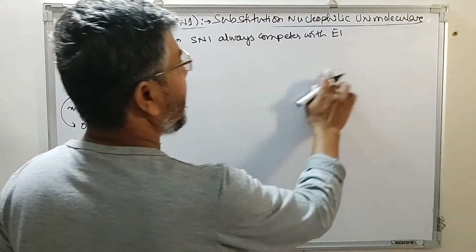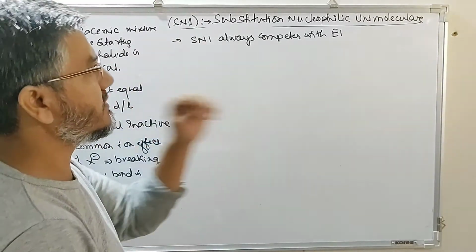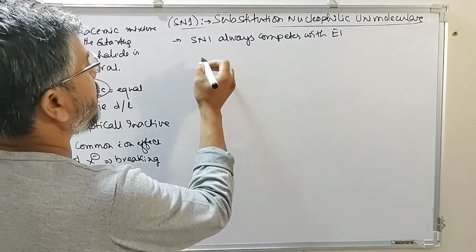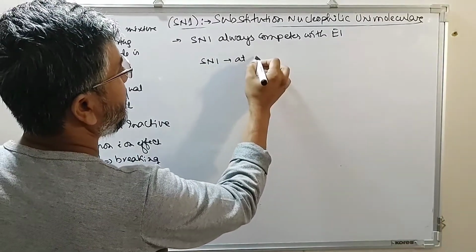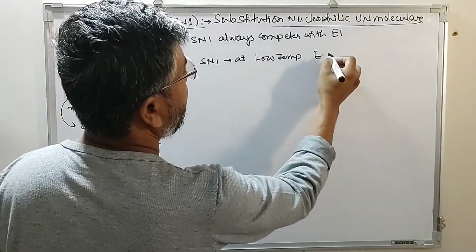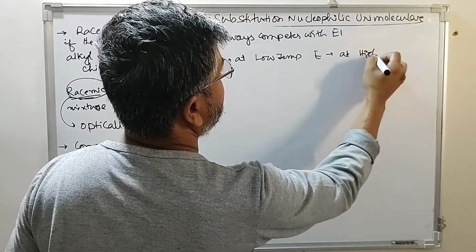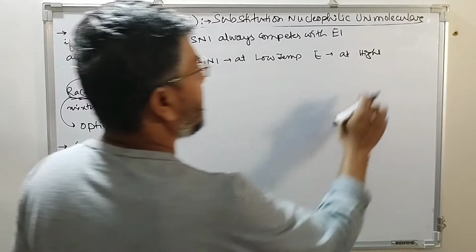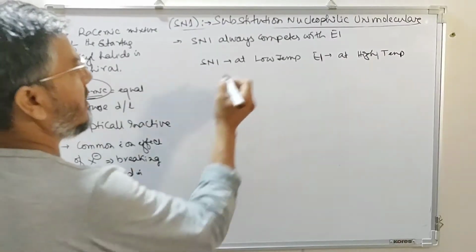So whenever we have base, SN1 and E1 compete. SN1 is favored at low temperature, whereas E1 is favored at high temperature. So by controlling temperature we can change the quantity of substitution product or elimination.